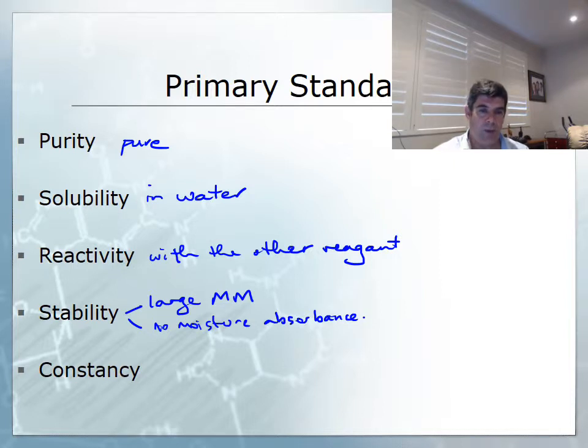And we also need it to be consistent. We don't want a change in mass. So we don't want the substance to be taking on anything else, to be absorbing carbon dioxide from the atmosphere or anything like that. We want it to be consistent.